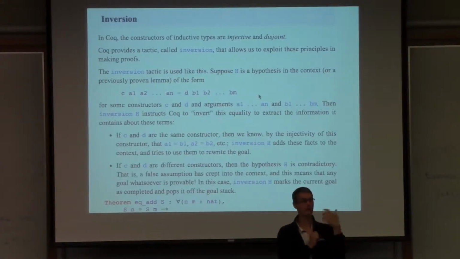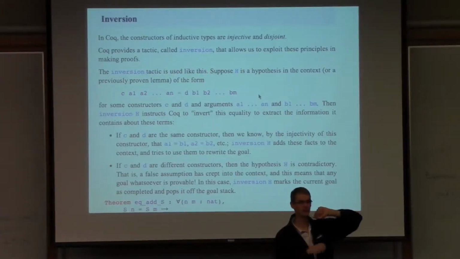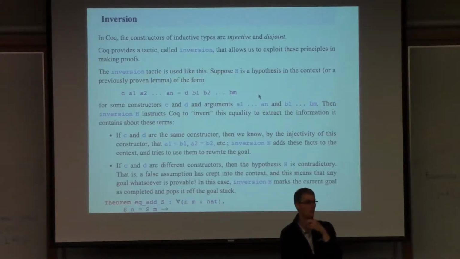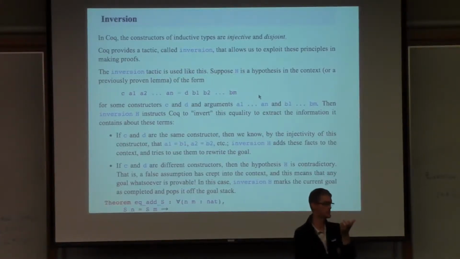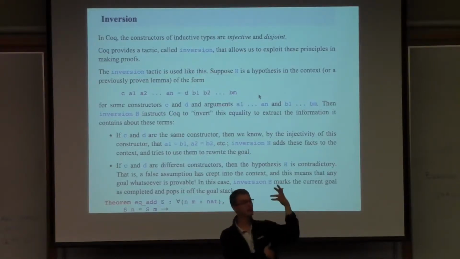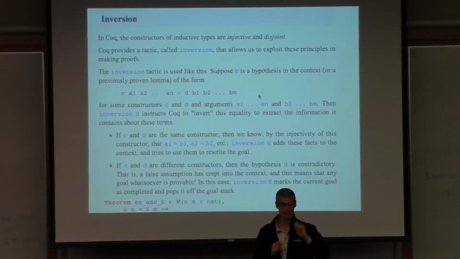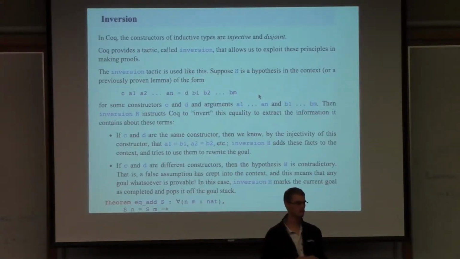If I have a hypothesis that says, for example, 0 equals successor of x, we know that we've introduced an inconsistency someplace, and that hypothesis is nonsensical. So if we've got an inconsistent context, then we should be able to prove anything, and indeed we can. Saying inversion to that hypothesis will prove any goal.